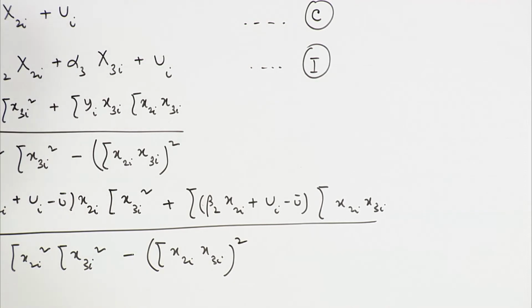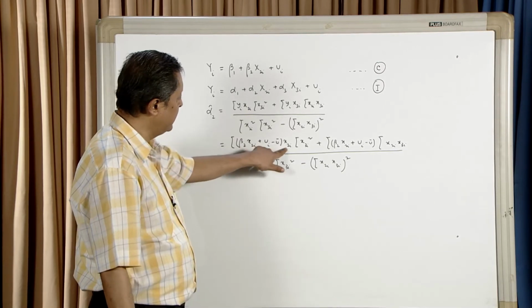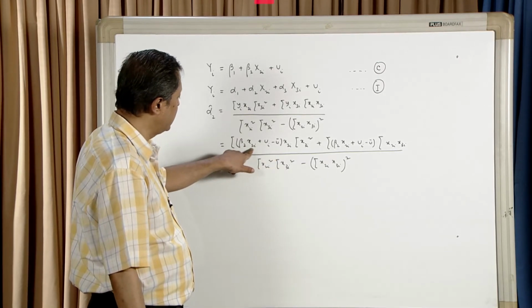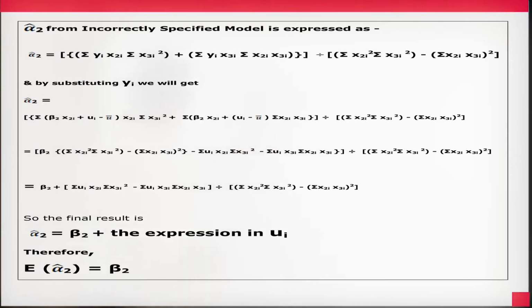So, let us look at the numerator closely. Beta 2 times x2i, again x2i. So, beta 2 summation x2i square multiplied by summation x3i square.